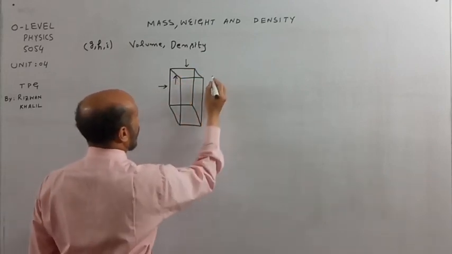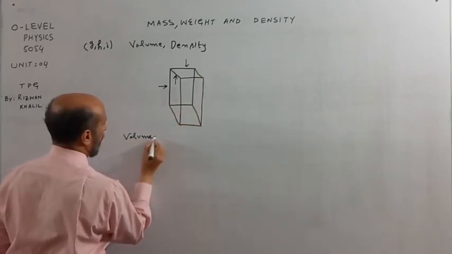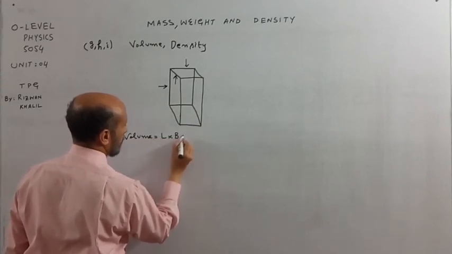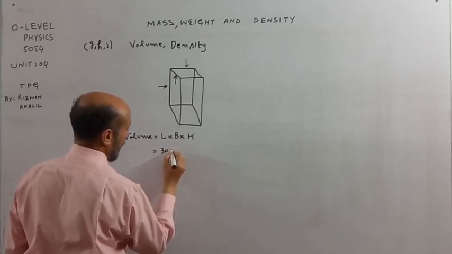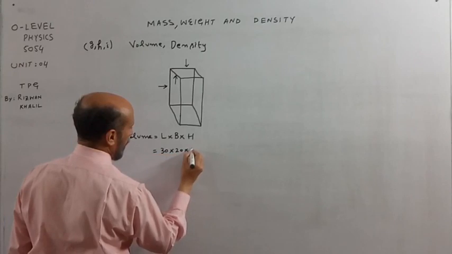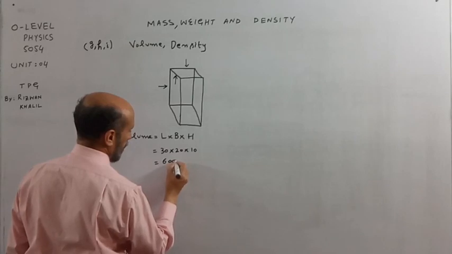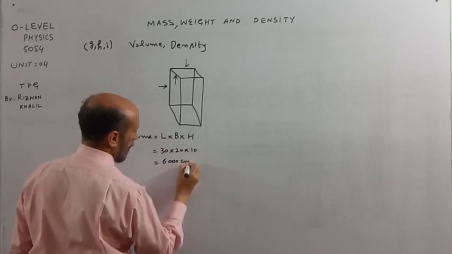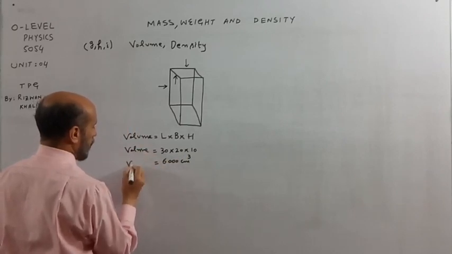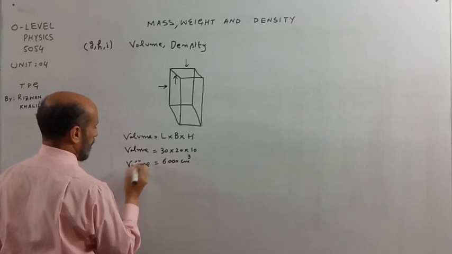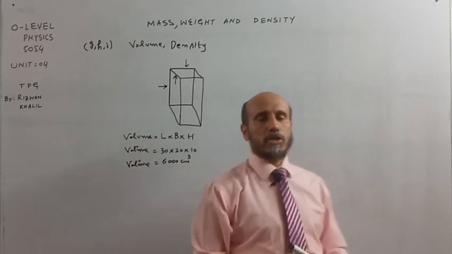In other words, the volume of regular shaped bodies formula is length times breadth times height. Suppose it is 30 centimeter multiplied by 20 centimeter multiplied by 10 centimeter. So 6000 cubic centimeter. So in this way we can find the volume of a regular shaped body.